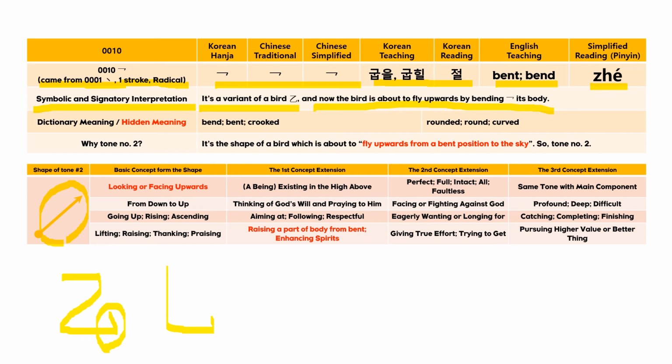Also the hidden meaning: the person who is praying to God in his closet, secretly. This part is the leg part, and the body part.